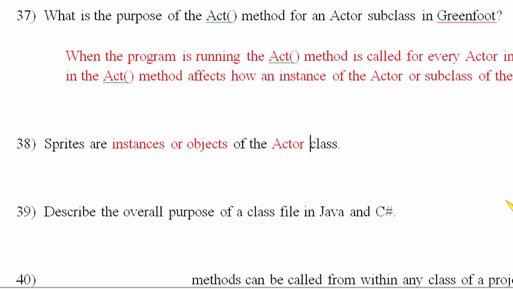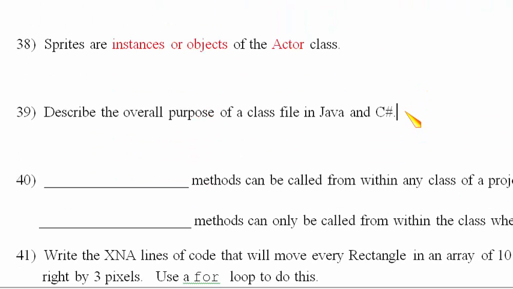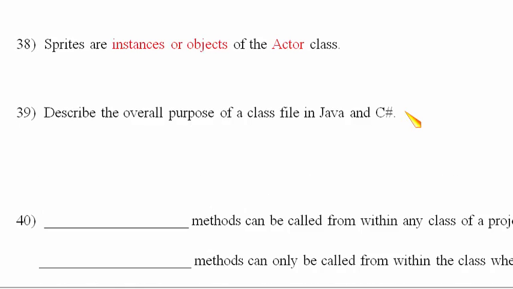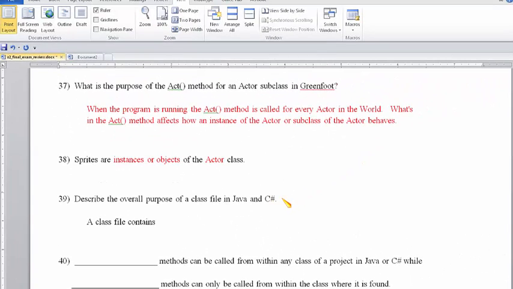Describe the overall purpose of a class file in Java and C#. A class file basically contains the blueprints or template for creating a special kind of object.